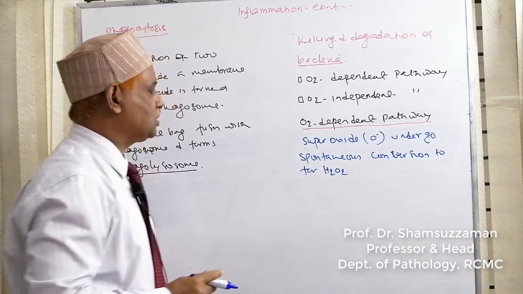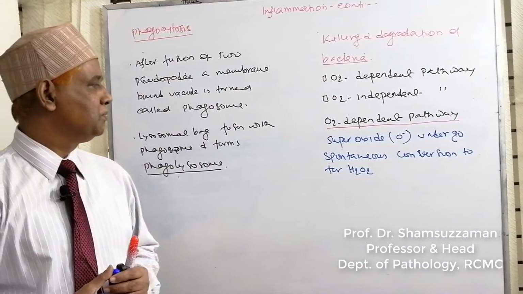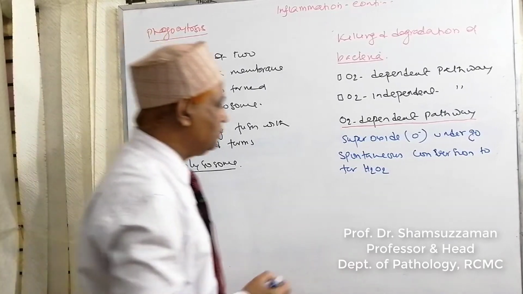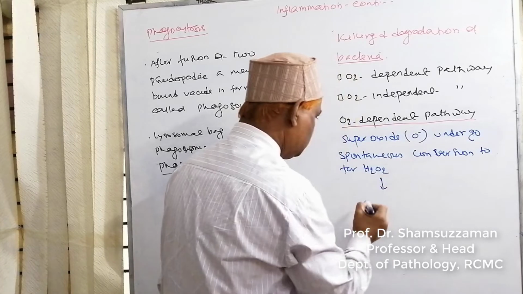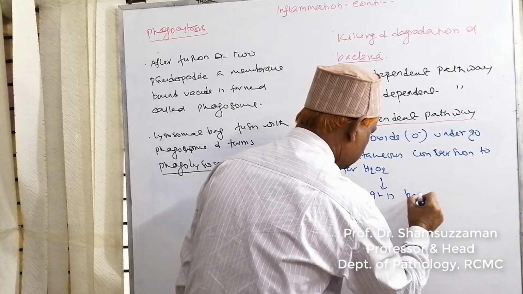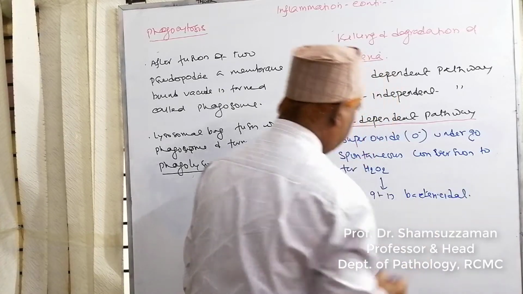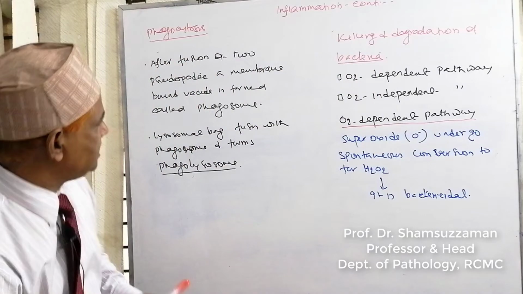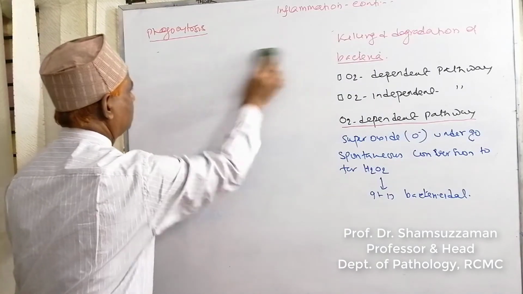So hydrogen peroxide is formed due to spontaneous conversion of superoxide. This hydrogen peroxide is bactericidal. And this hydrogen peroxide is the agent that causes lysis of the bacteria.